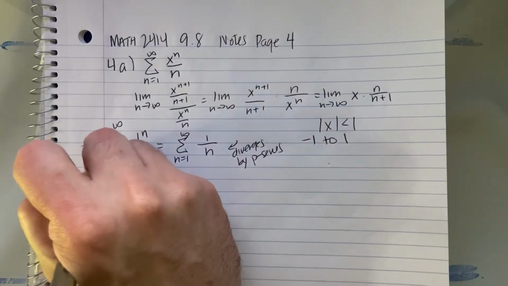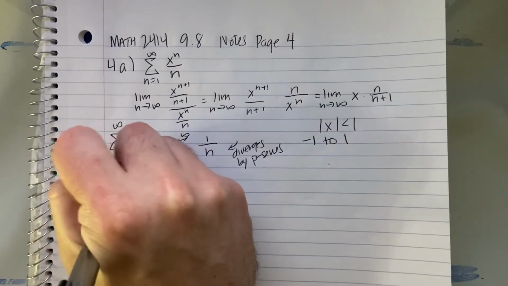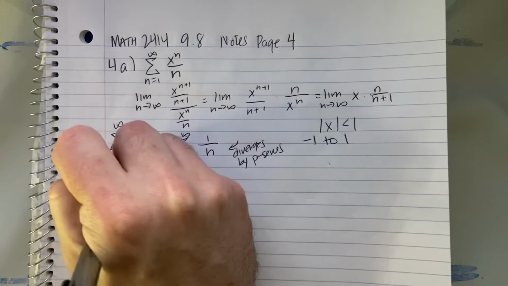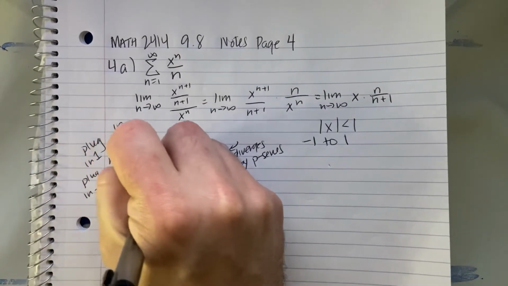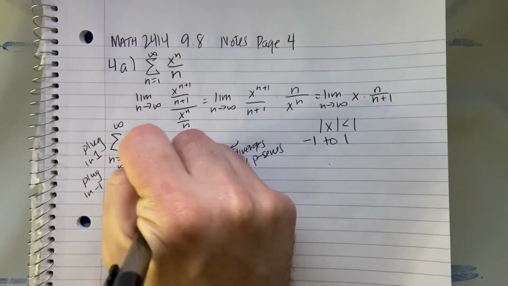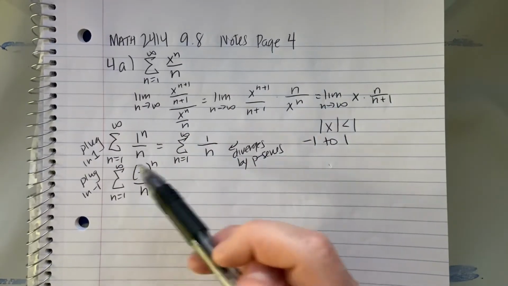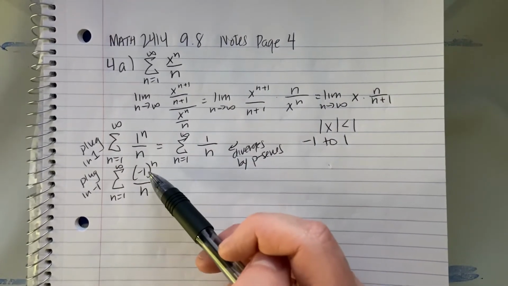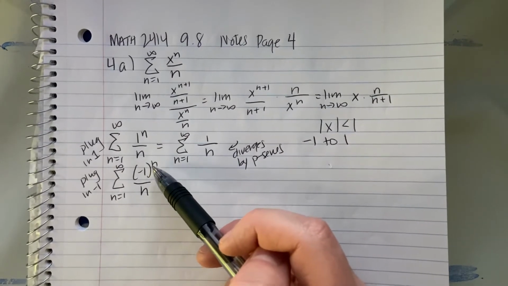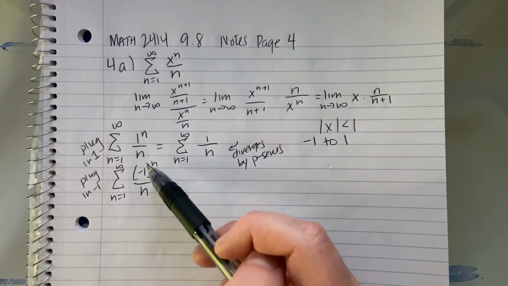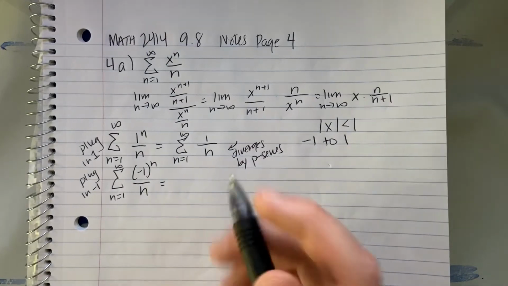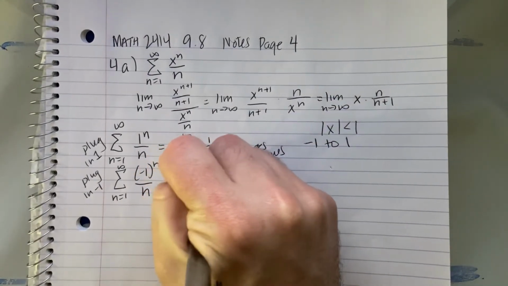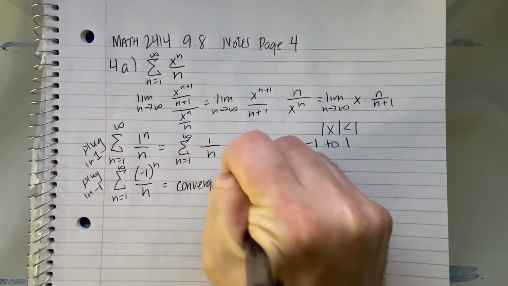However, let's plug in -1. We know by the alternating series test, this will converge if the terms are alternating, which they are in sign, and if the terms go to 0. As n gets very big, this does go to 0, so this converges by the alternating series test.